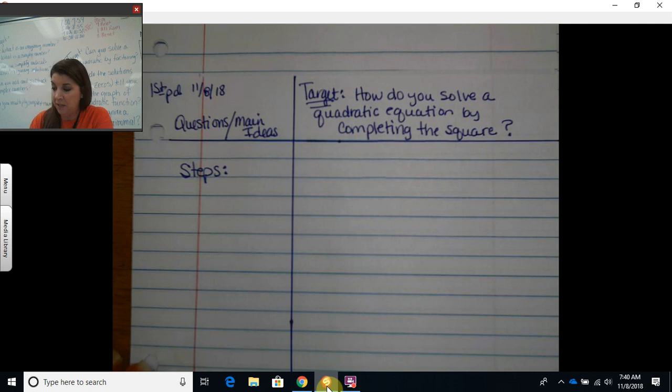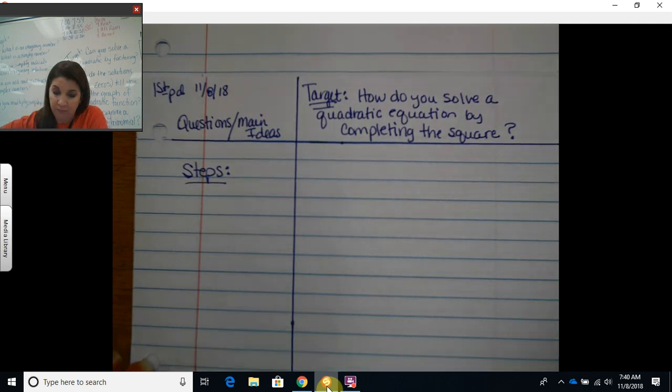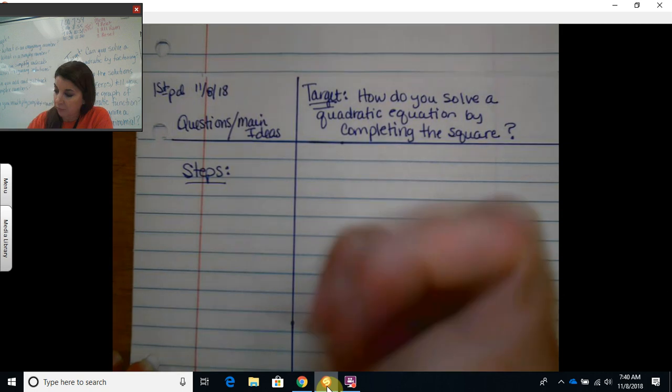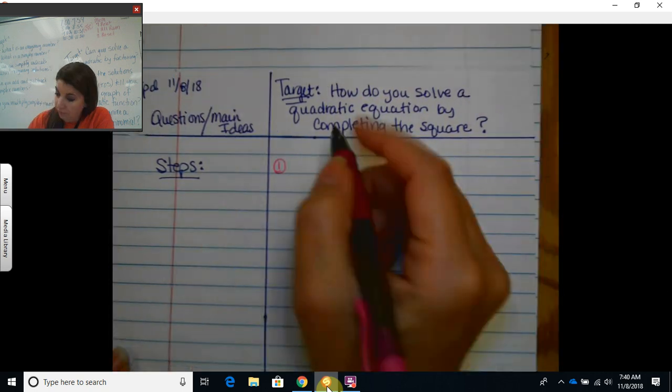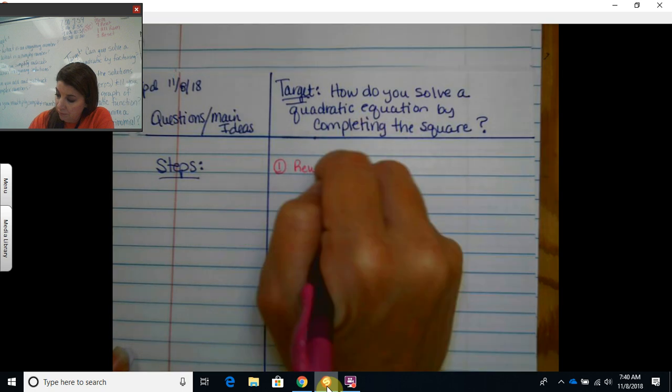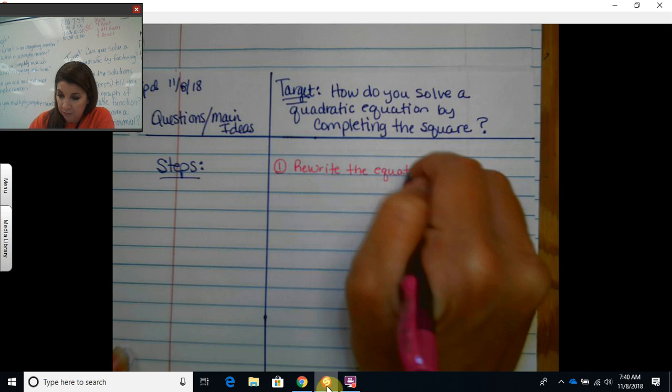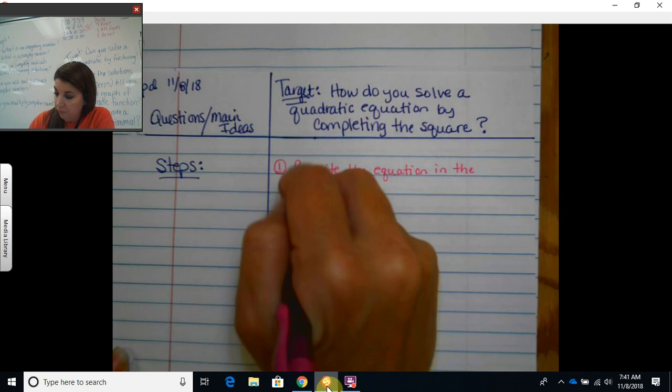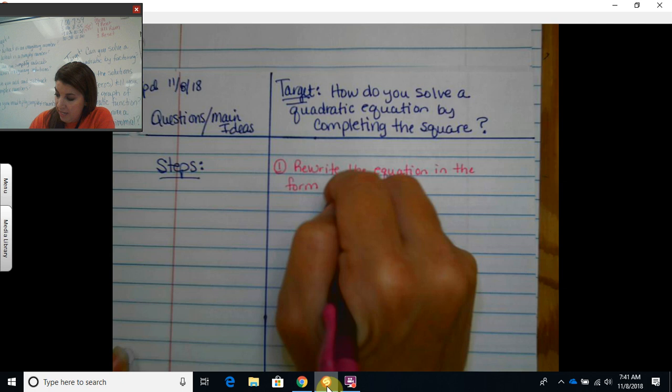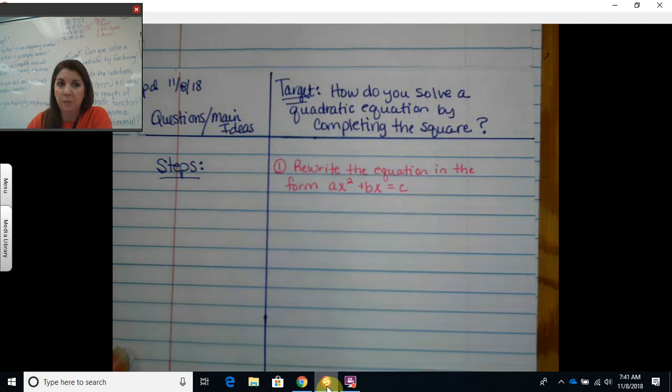So our steps are, the first thing we're going to do is rewrite the equation in the form ax squared plus bx equals C. That's different from when we factored, because when we factor, we get our equation set equal to 0 and in standard form, right?